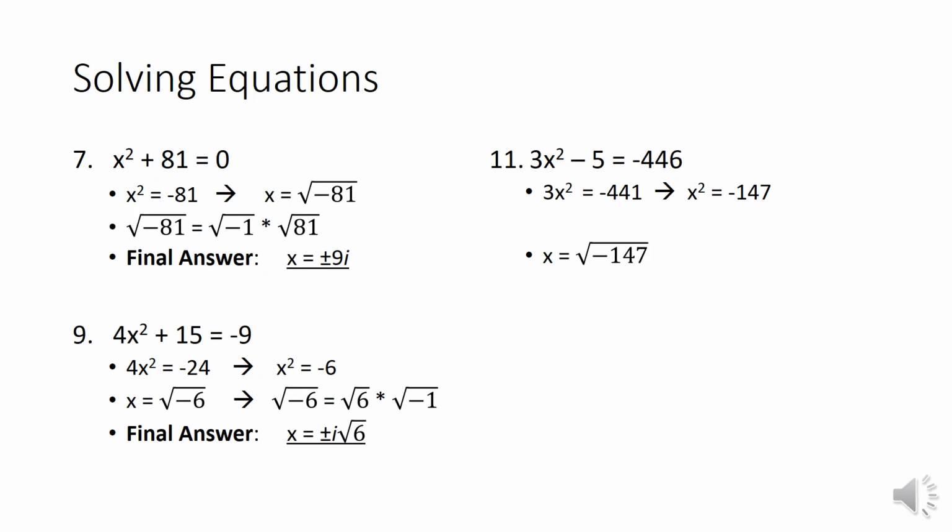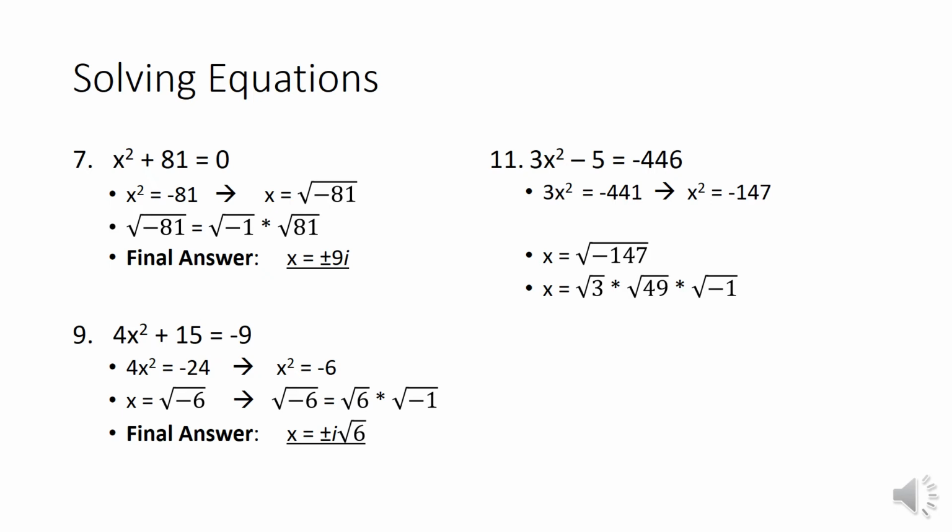So if we divide 147 by 3, we actually get 49. So we can break up the square root into the square root of 3 times the square root of 49 times the square root of negative 1.